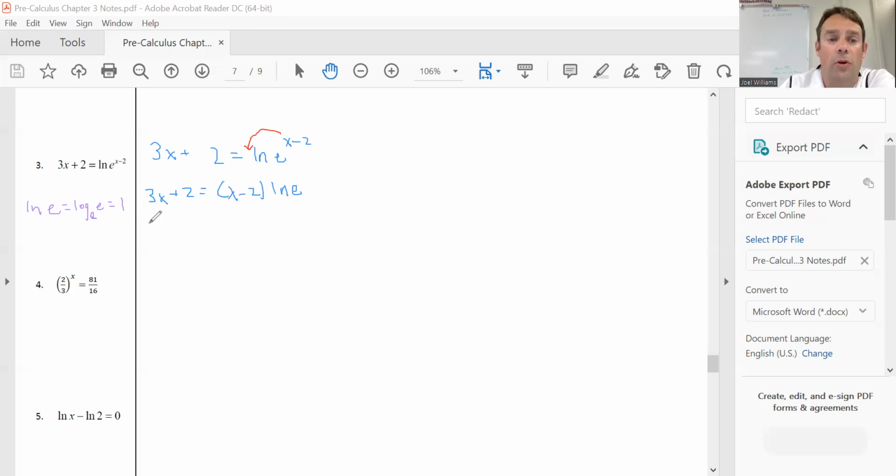So if we come back to that idea, we have 3x plus 2 equals x minus 2 times 1, or just x minus 2. And from there, it's a pretty straightforward little problem for us to solve.